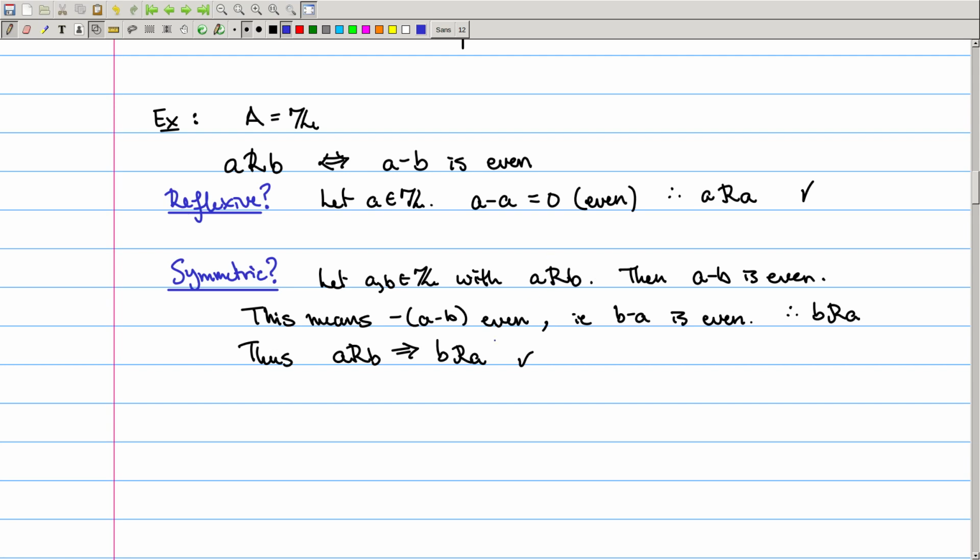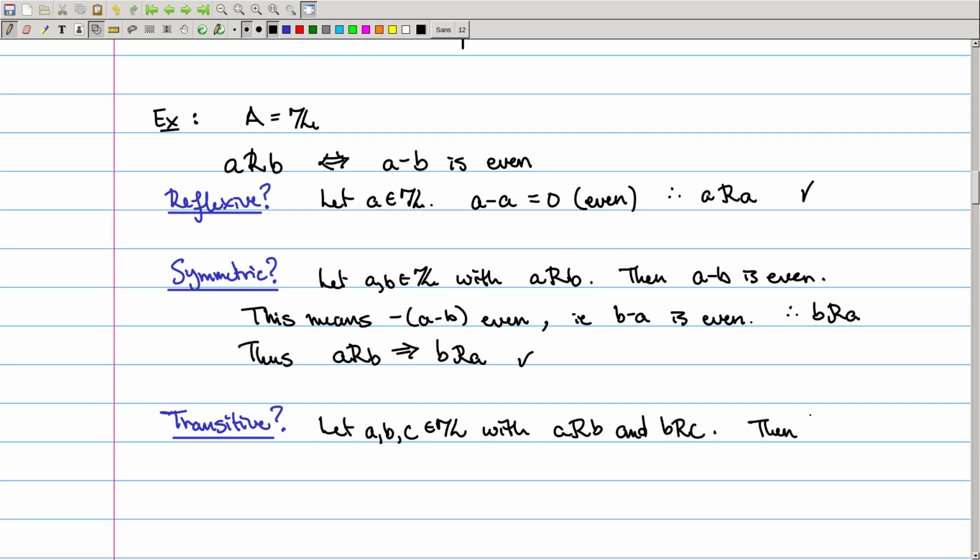And finally, I want to show this relation is transitive. That is to say, I want to show that if A is related to B and B is related to C, well then A is related to C. So let me start out by taking A, B, and C to be integers with A related to B and B related to C. I think you see where I'm going with this, right? I'm immediately going to unwind the definition of the relation itself.